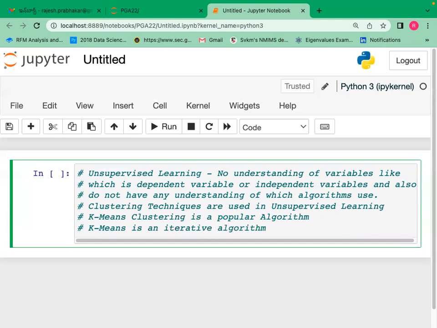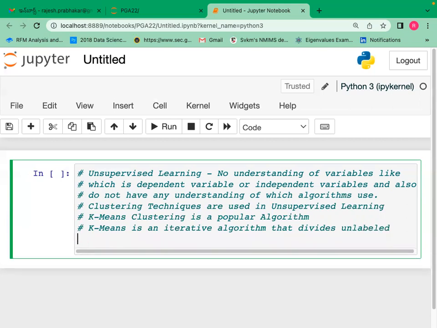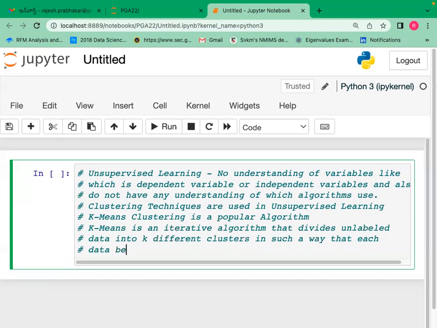K-means is an iterative algorithm that divides unlabeled data into k different clusters in such a way that each data point belongs to only one group or cluster that has similar properties.